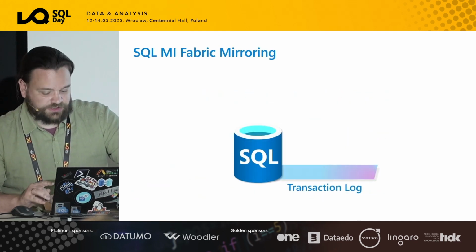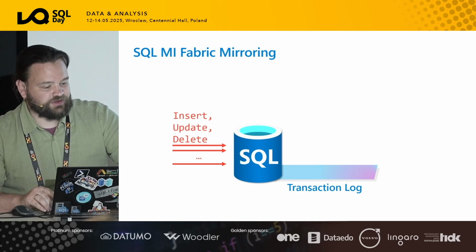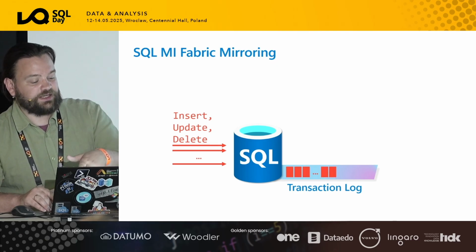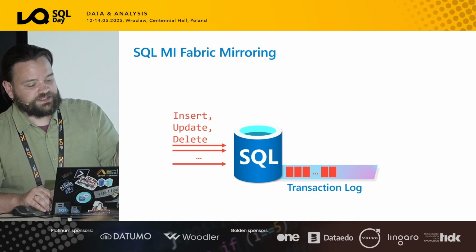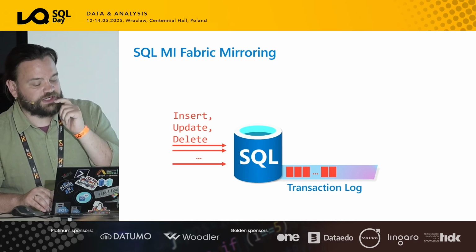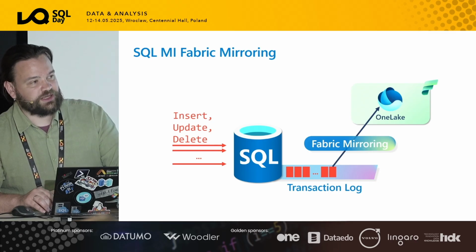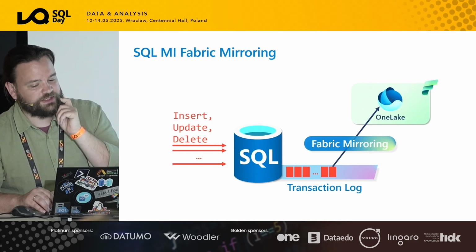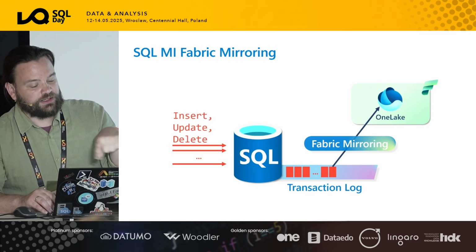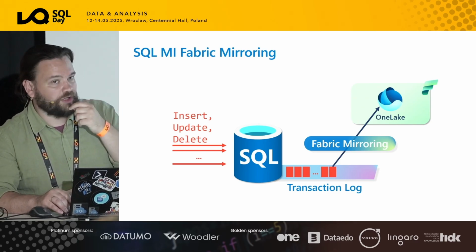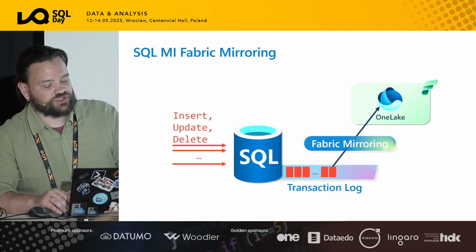So how it works under the hood, just briefly, you have inserts, updates, deletes. When you modify data, it goes as entries in the transaction log. What Fabric mirroring does, it takes an initial snapshot of your data, puts it in OneLake, and then continuously reads from the transaction log what is relevant for replication.